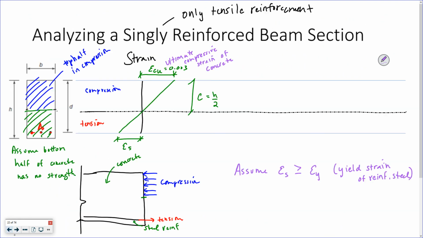We're going to start out with that assumption. Therefore, the stress in my steel is equal to my yield stress. And that means my section is under reinforced.